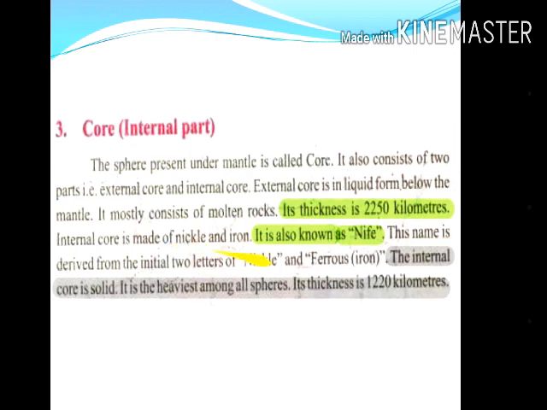Internal core is made up of nickel and iron. Nickel and iron, and you see it is known as NiFe. Ni from the nickel and Fe from iron. You will think how iron can be represented as Fe. This name is derived from the initial 2 letters of nickel and ferrous. You can see ferrous is iron.